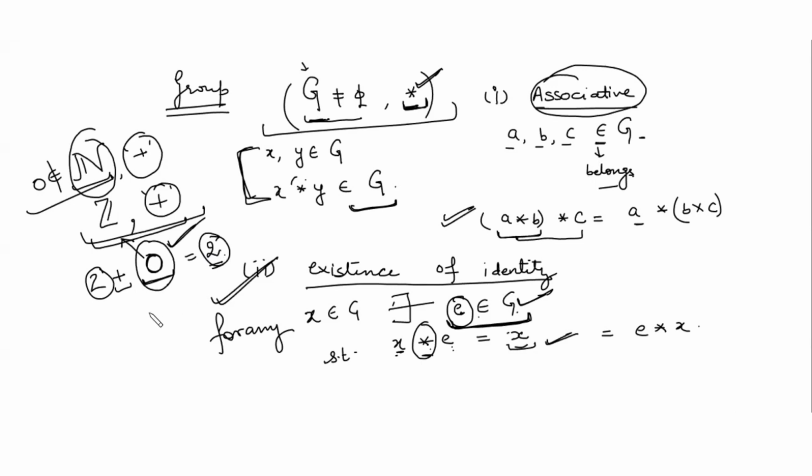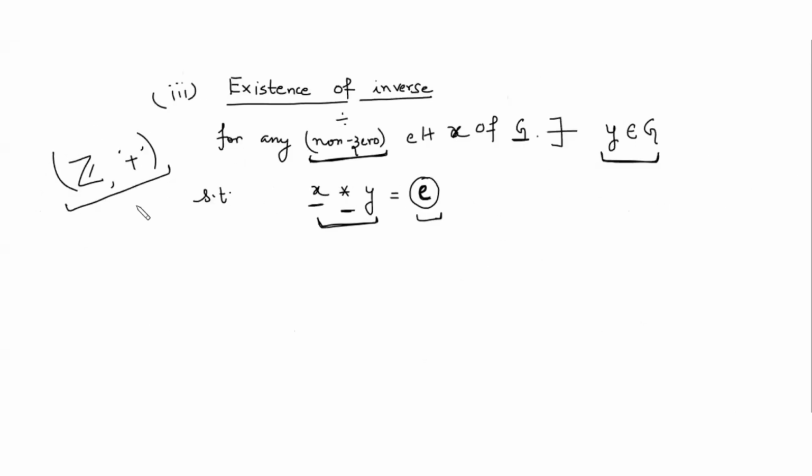So this identity already exists in the case of integers, and that is 0. So we have to see that with respect to addition, what should we add to x so that we get 0? Minus x. And clearly if x is an integer, then minus of x is also an integer. So this should exist in G itself, right?